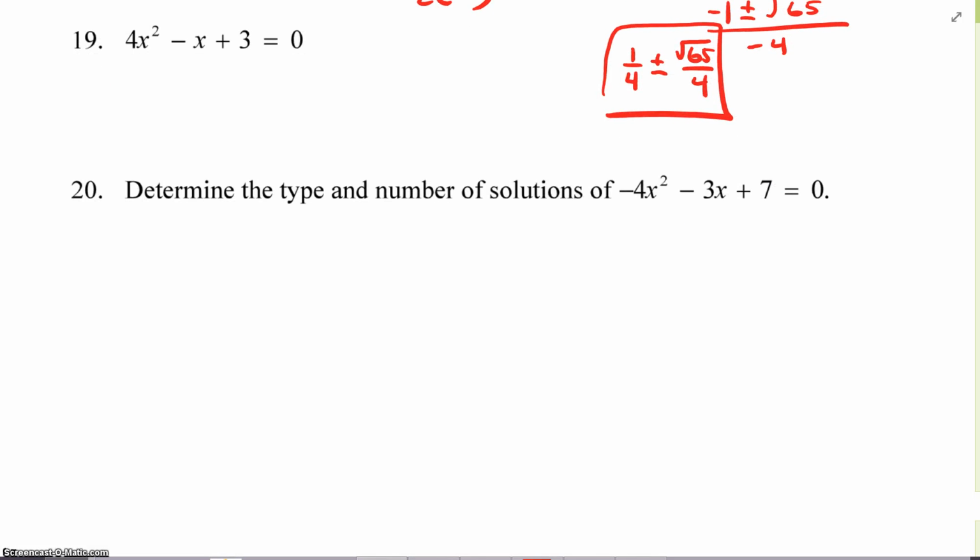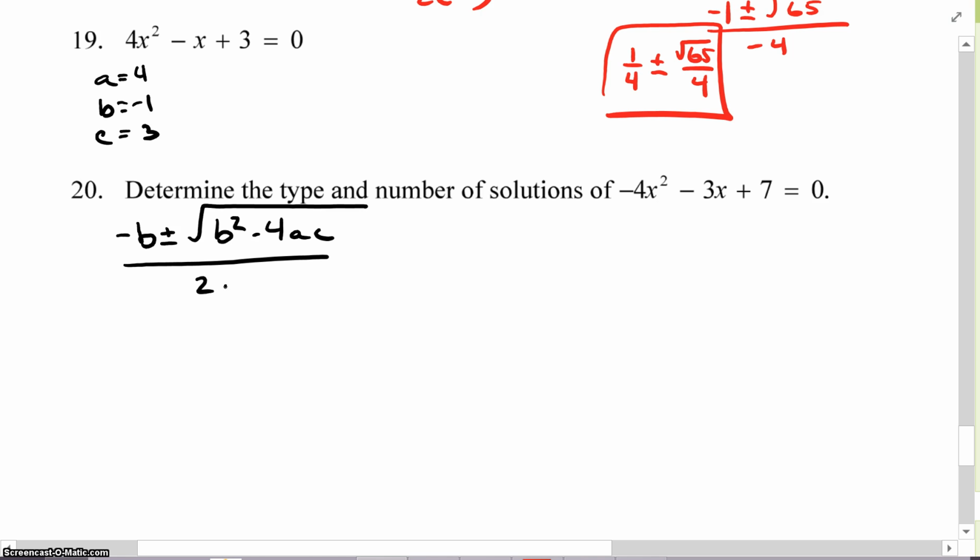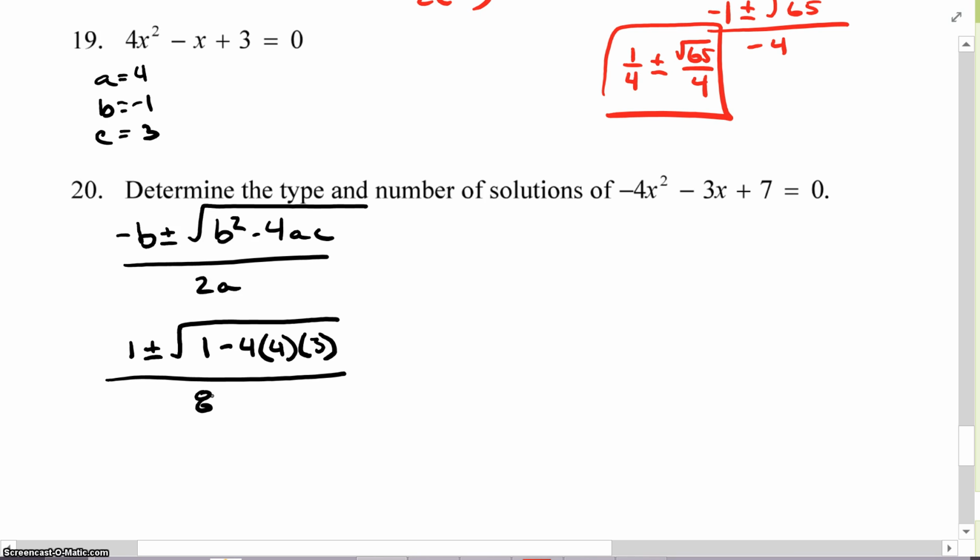Okay, 19. My A value is 4, my B value is negative 1, and my C value is 3. So again, I'm going to rewrite it right here for a reason. Negative B plus or minus the square root of B squared minus 4AC all over 2A. Negative B would be positive 1 plus or minus the square root of 1 minus 4 times 4 times 3 all over 2A, which would be 8.